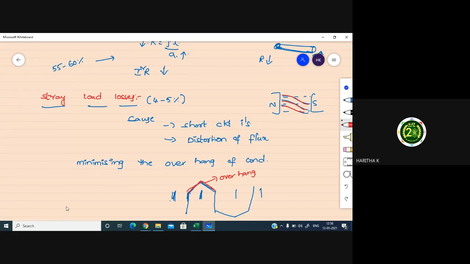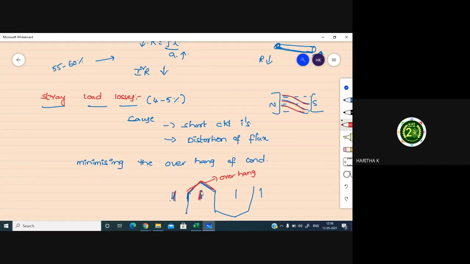And by using optimum slot geometry, this entire thing is a slot. If you use the optimum slot geometry, then also we can reduce the stray load losses. That means you should not waste the slot geometry. You have to use it in an optimum way. Then we can reduce the losses.